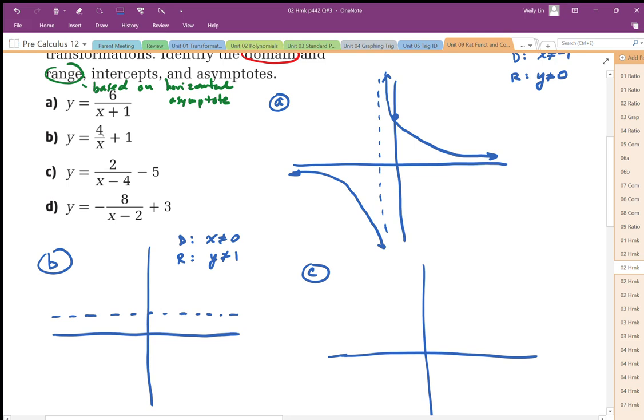The intercepts are when x is equal to 0. Okay, so when x is 0, there is no y-intercept. Where it crosses the horizontal axis, the zero of the function, is when y is equal to 0.